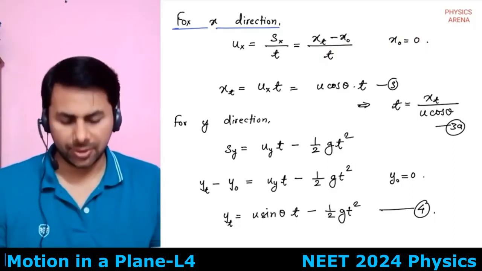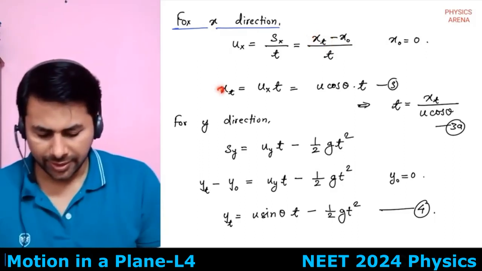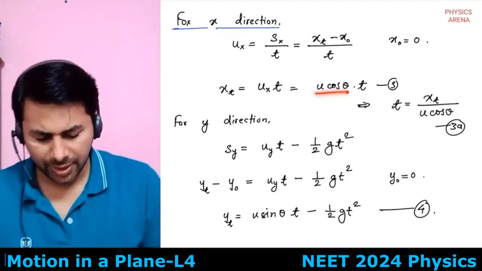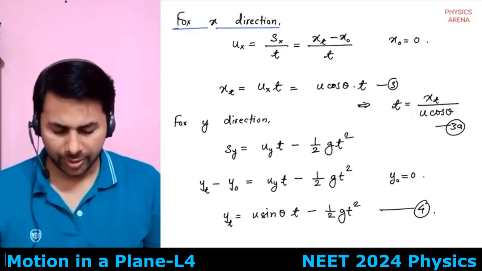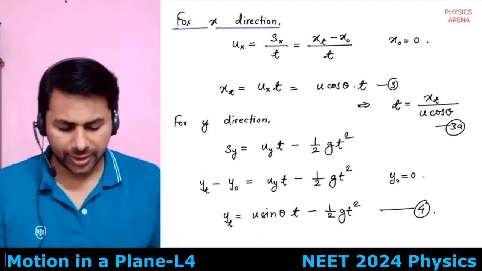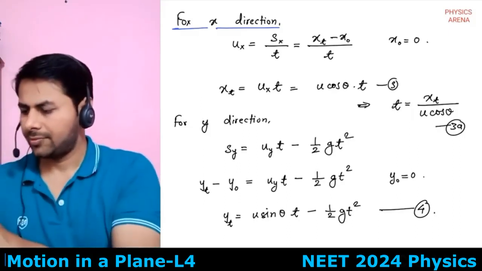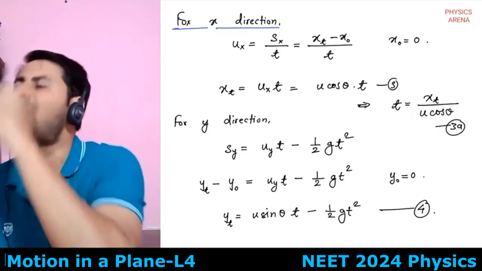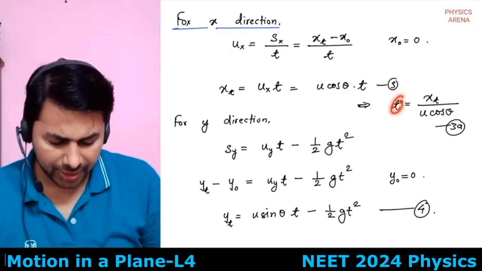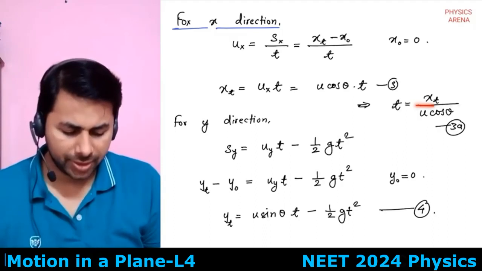We are considering x naught equals 0. So the x position at any later time, x at time t, will be equal to ux times t. And how much is ux? Ux is u cos theta. So it is u cos theta multiplied by t. And if you want t, t will be equal to xt, the x position at time t, upon u cos theta.